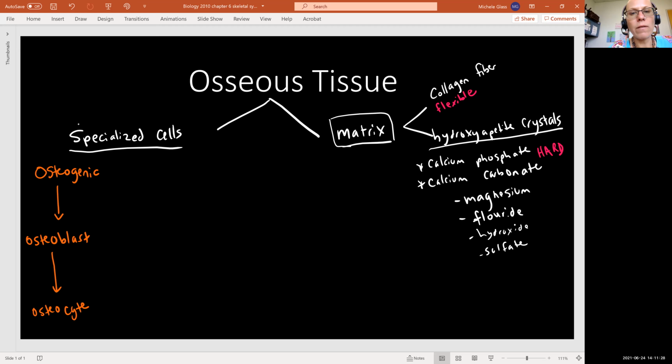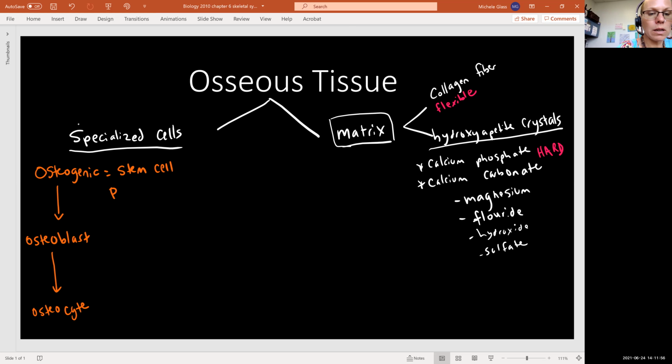Notice that I've linked these together with an arrow and indicated the directionality. We start with the osteogenic cell because this is our stem cell. Stem cells, remember, are mitotically active. So the osteogenic cell is going to do mitosis and produce the osteoblast as the daughter cell.